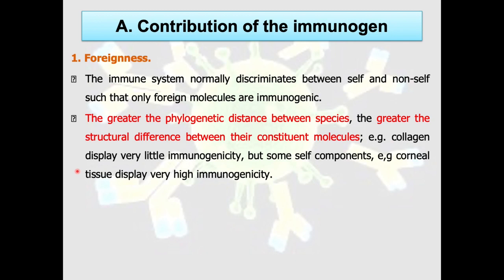Generally collagen displays very little immunogenicity, but somehow one part of collagen, for example corneal tissue, displays very high immunogenicity. So that is what is meant by greater phylogenetic distance between species.